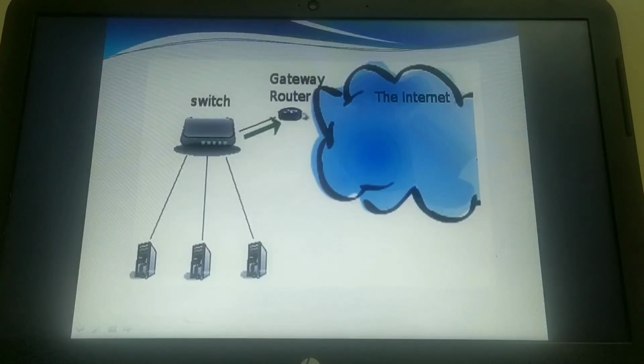Then the server replies back. When the server replies, that kind of data and those protocols are not compatible with your network. In that case, what happens? Again, the gateway performs the data translation and the protocol conversion, depending upon what your network or computer system is compatible with.